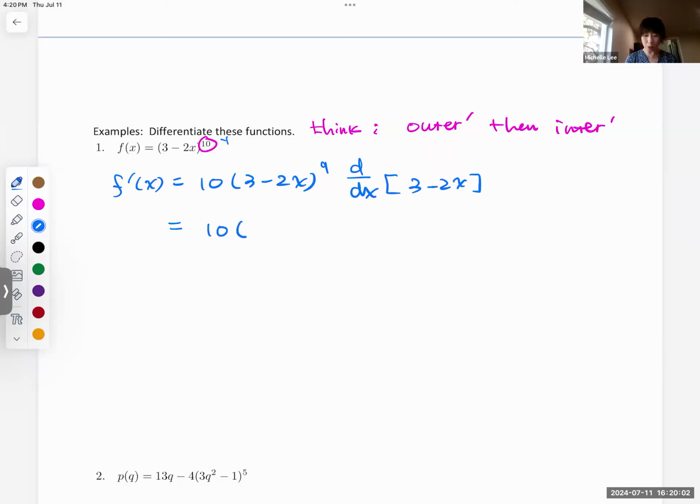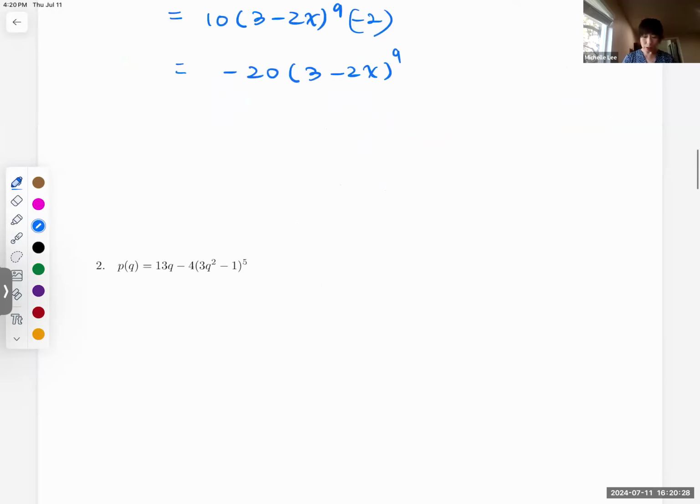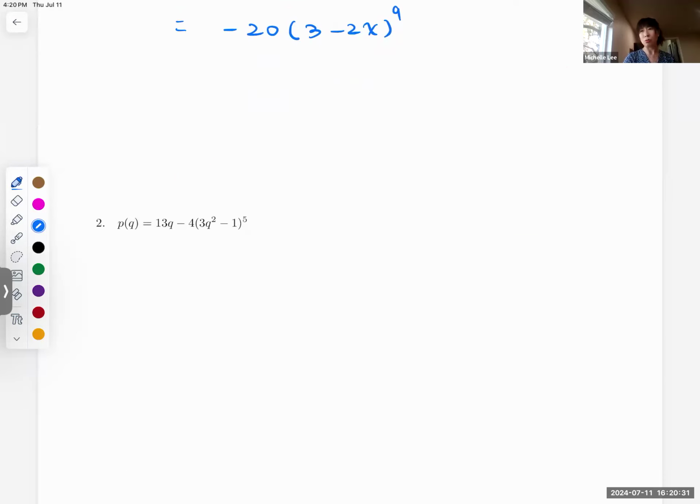Because there is a power exponent. And then we want the derivative: the first term is 0, the second term is negative 2. Now we can multiply with the number, right? So we will get negative 20 times 3 minus 2x to the 9th power. Okay.